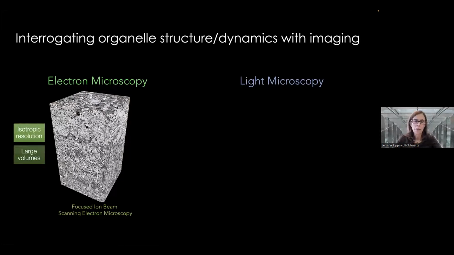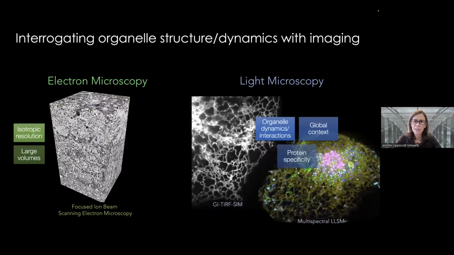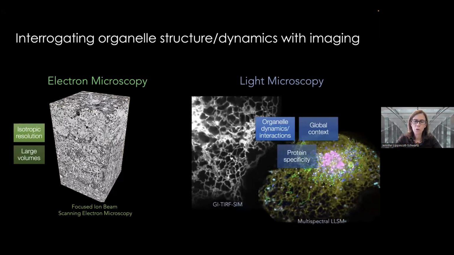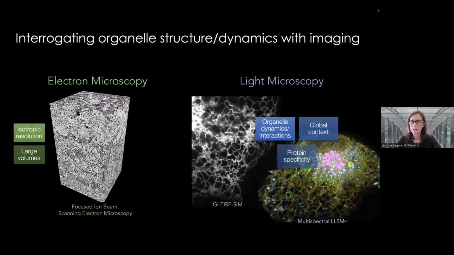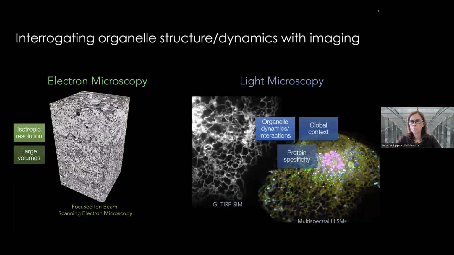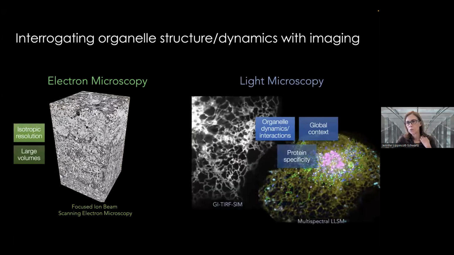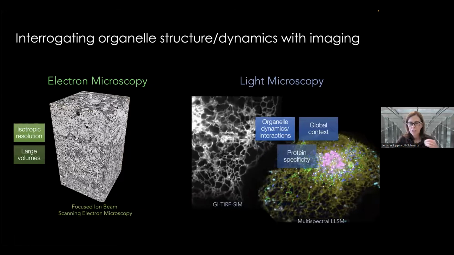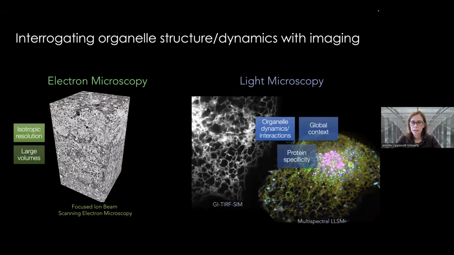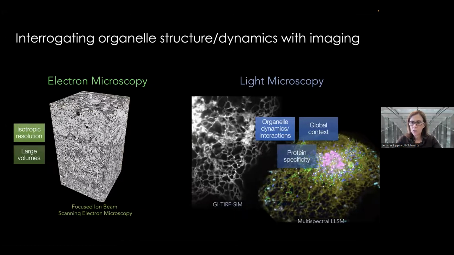And it's super exciting in terms of being able to put together all of these organelles as well as cells in these large volumes. In the light microscopy realm, there's also been many innovations from super resolution imaging to live cell multispectral imaging. I'm going to be talking about several of these technologies.